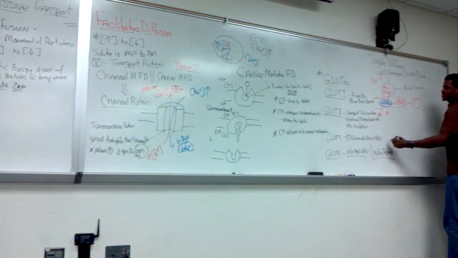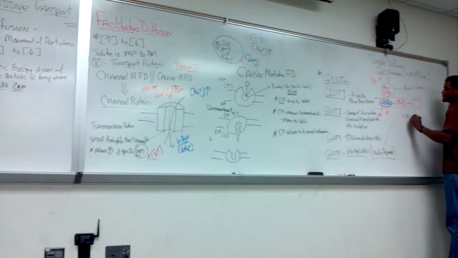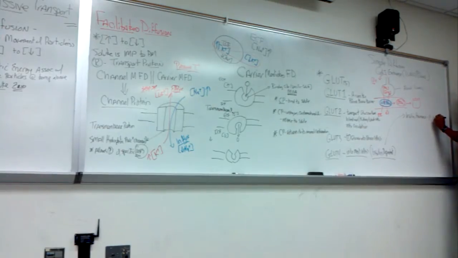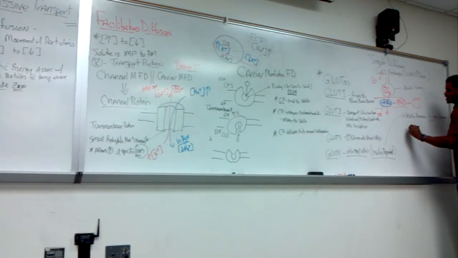Insulin is a hormone produced by the beta cells of the pancreas. Insulin will be released by the pancreas when there's an increase in blood glucose levels.